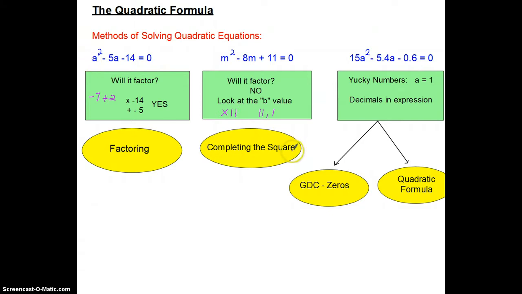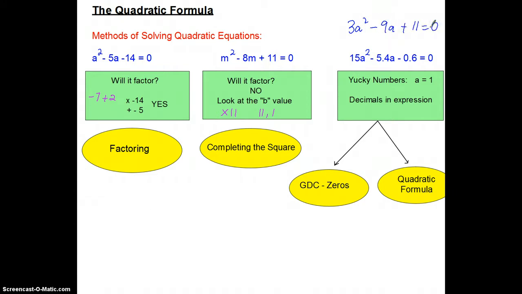When might you use completing the square? If it doesn't factor and you've got a nice b that's nice and easy to halve, that's a pretty easy completing the square. Here, what makes it awful is these decimals and the coefficient there. And even if you had a question like this perhaps, 3a squared minus 9a plus 11 equals 0.